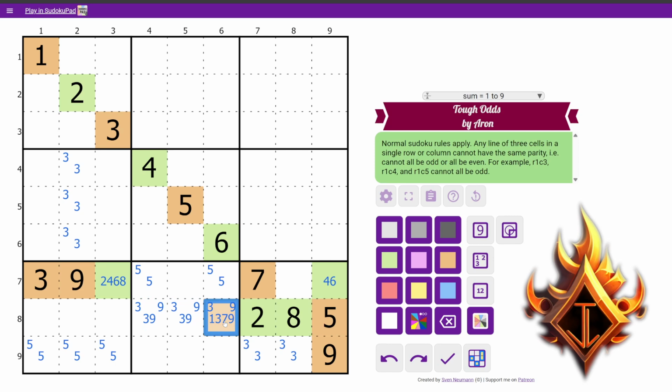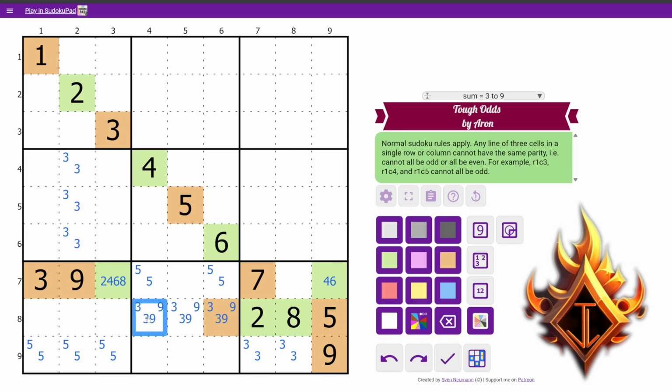So this has to be a 3 or a 9. If it wasn't, then these would be a 3, 9. But there does have to be an even in one of these spots.